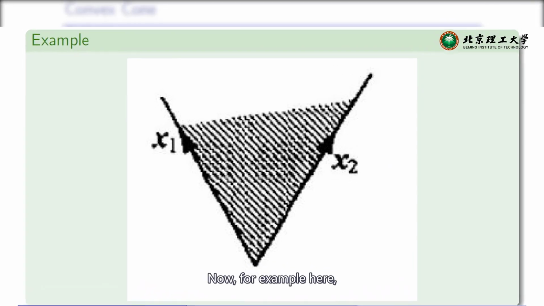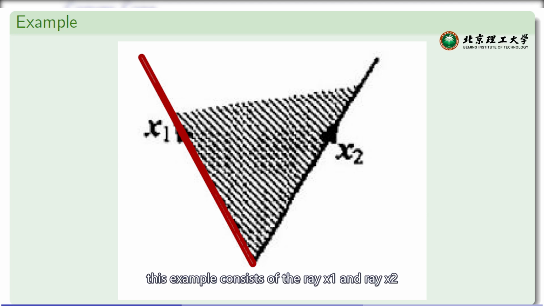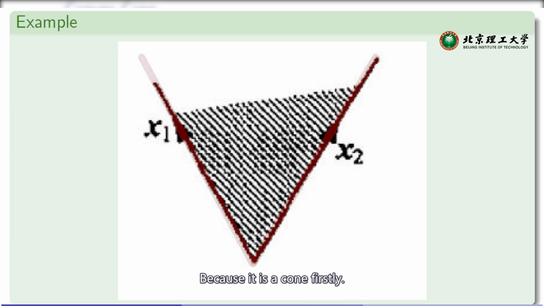For example here, this example consists of the ray x1 and the ray x2 as well as the inner part. It will be a convex cone because it is a cone firstly, and then this set is a convex set. So it is a convex cone. Notice that we have our origin here.